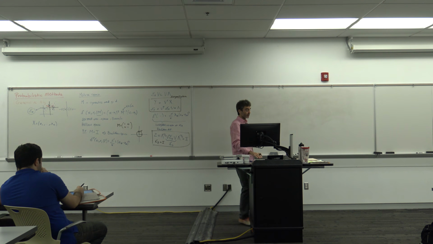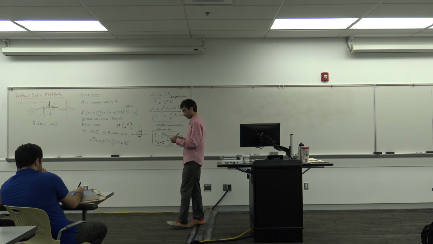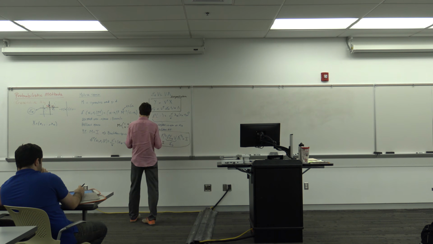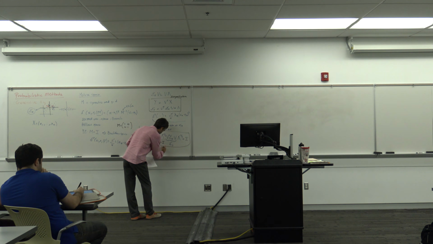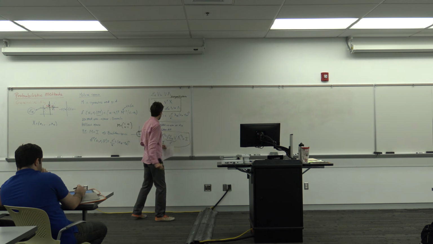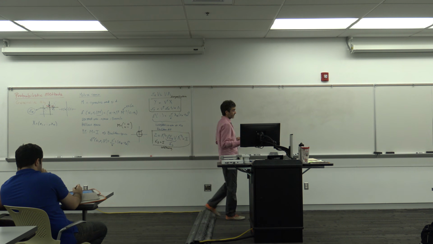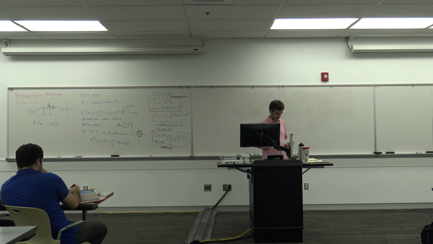It comes from signal processing, because the identity matrix means that you have white noise in signal processing. And this is sometimes called the whitening transform.